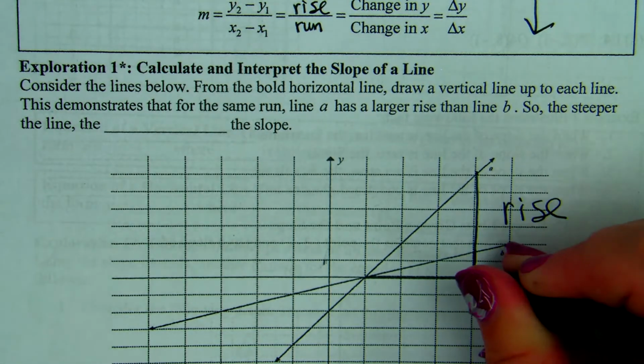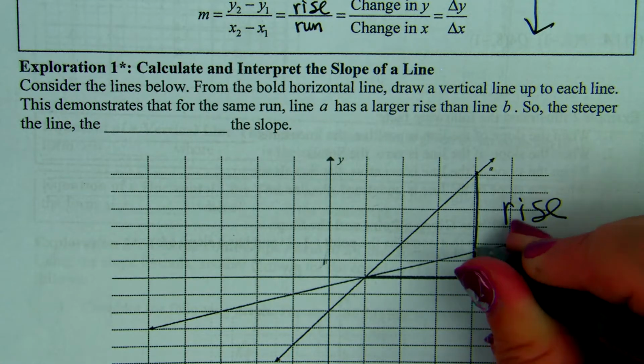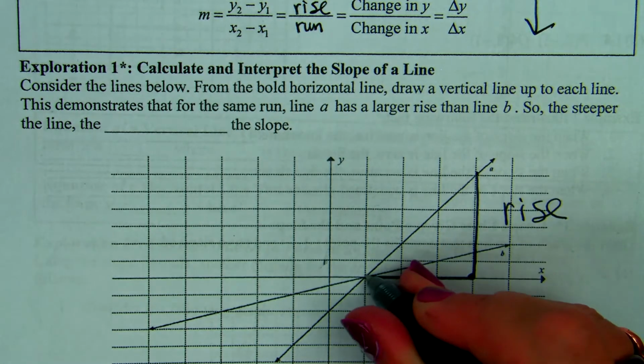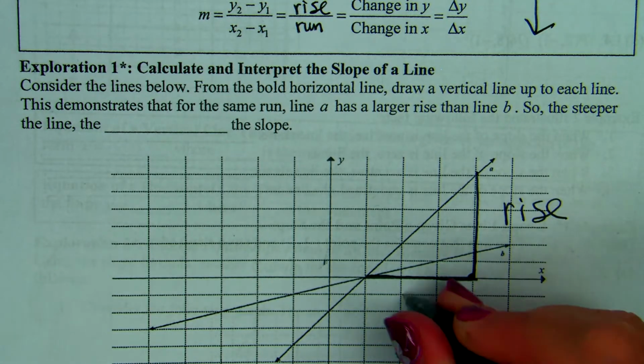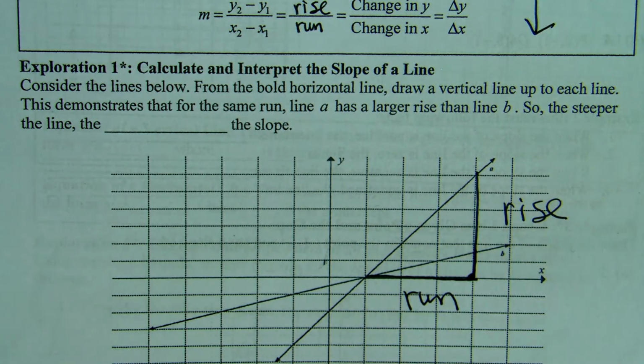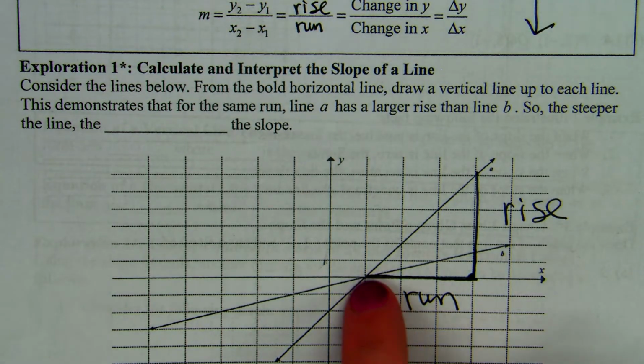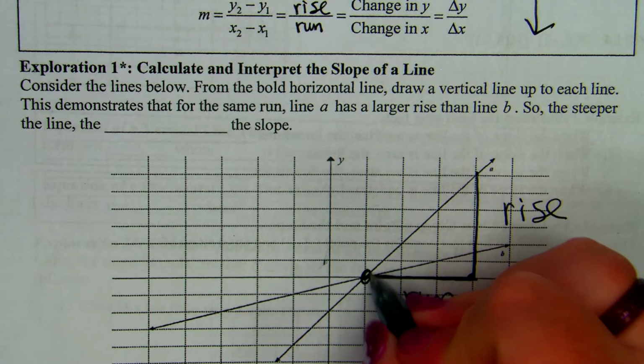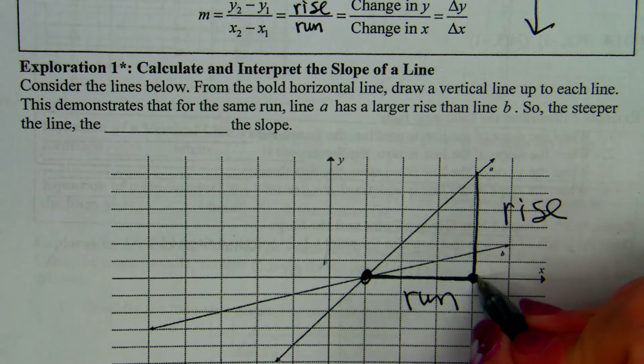The rise from this horizontal to here, or the rise all the way up to here. And this part, that's the run. This demonstrates that for the same run, because they both go from this point to here or here, it's the same run.